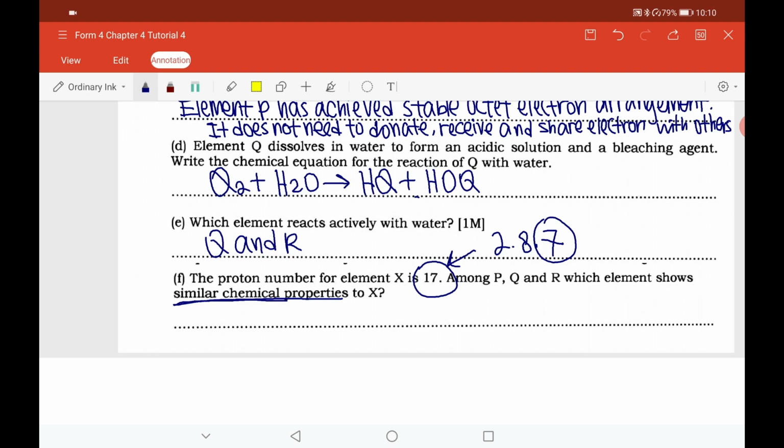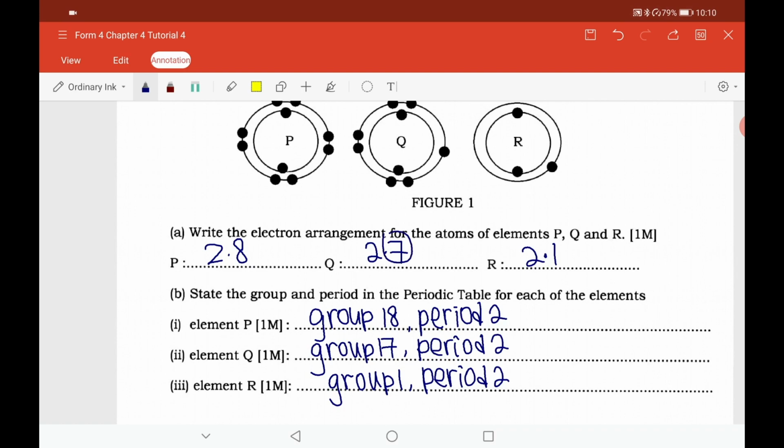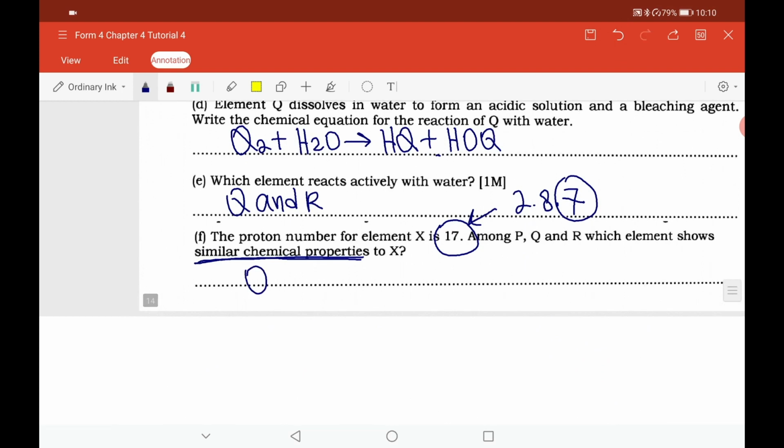To have similar chemical properties, we need to choose the substance that also has 7 valence electrons. Answer Q has 7 valence electrons, same as element X. When they have the same number of valence electrons, they have the same chemical properties. This is a very important concept that you need to know.